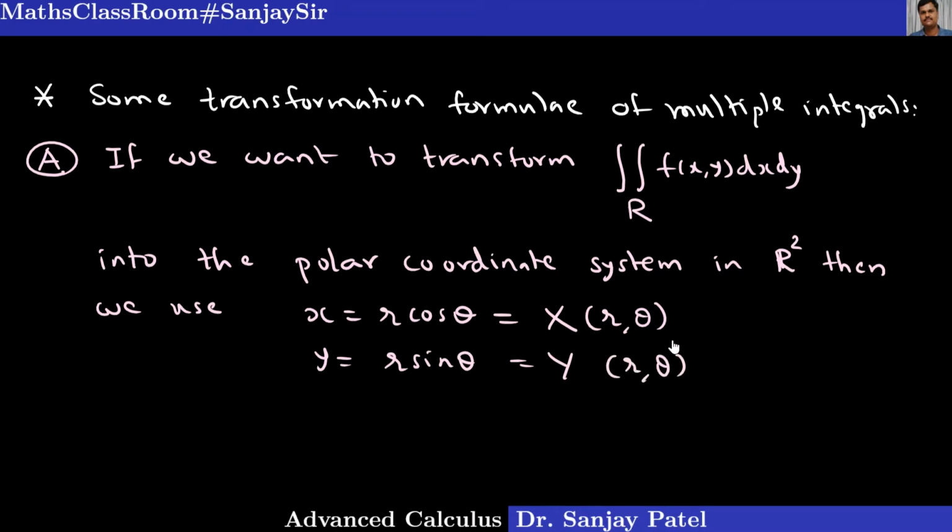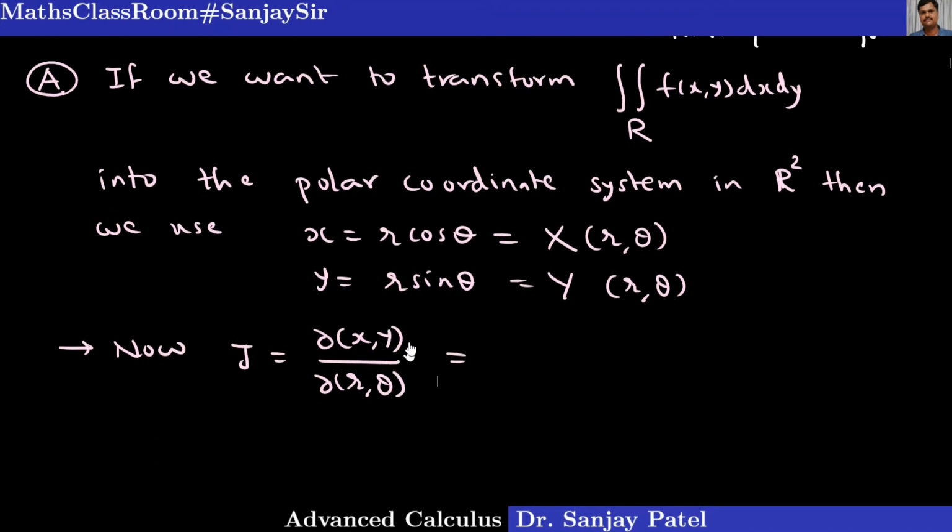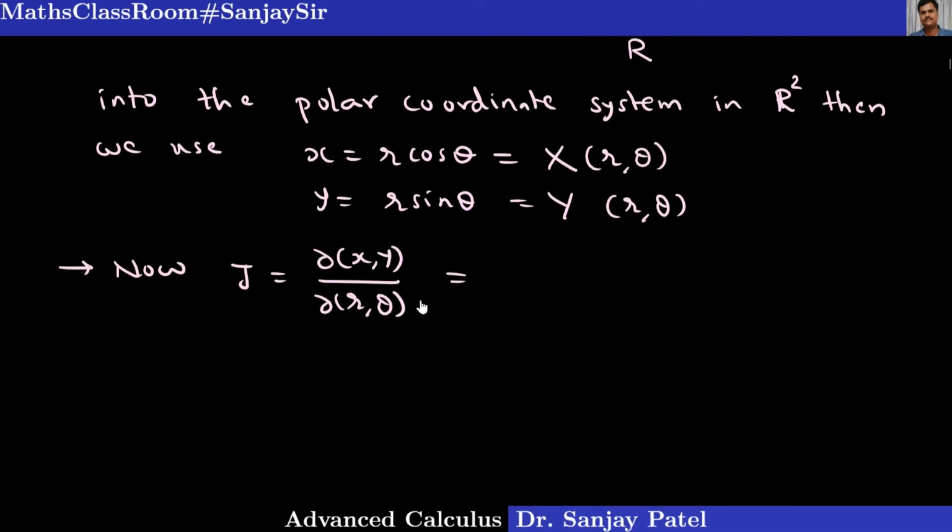Okay. Then first we have to compute the Jacobian J of the variables x and y with respect to r and theta. For using the transformation formula, you should know the value of the Jacobian first. And what is this Jacobian? It is delta x by delta r and delta x by delta theta.